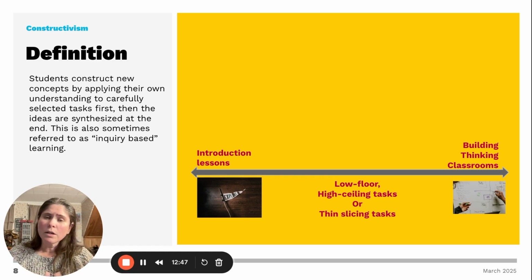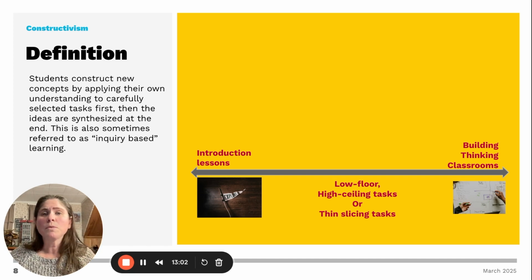You can also encourage this through what's called thin slicing, taking a really big task and cutting it up into smaller pieces to help the kids learn and grow as they go along. So that's what it looks like at the lesson level.